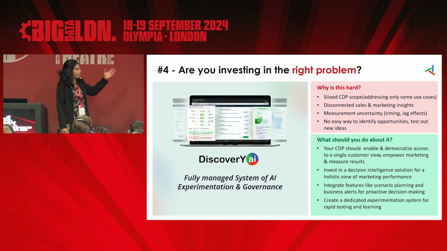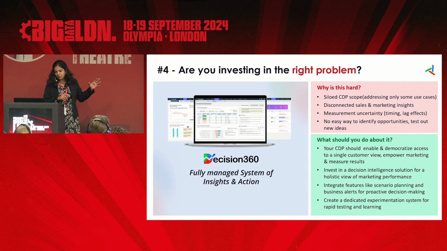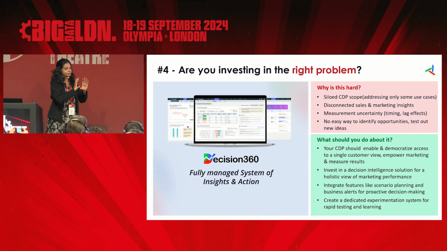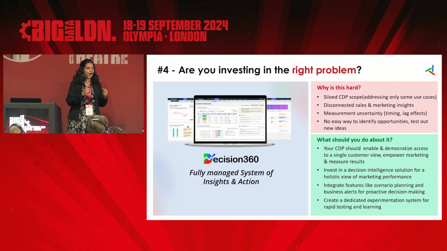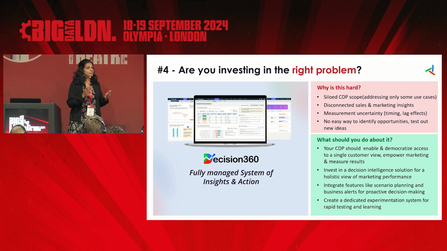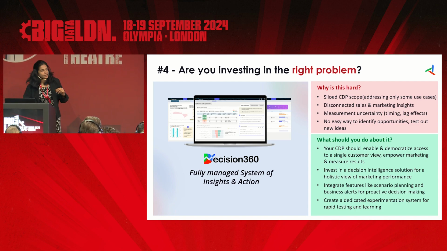I'll be happy to show it to you. And Decision 360 is our system of insights and action. Basically, it creates an enterprise view of how all of your different initiatives are performing. And it doesn't just stop with providing insights, but goes all the way to help you generate actions out of those.